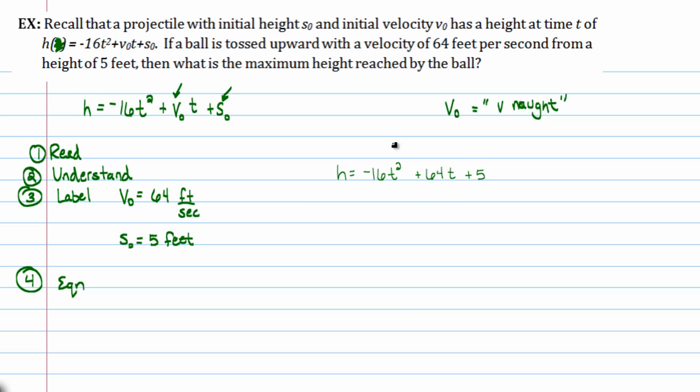And we want to know, when is the height of the ball maximized? This is a quadratic equation which has a parabolic look to it, and I know it opens down because there's a negative on my lead coefficient. That always means that the parabola opens down. So I know I'm going to have some type of maximum value.